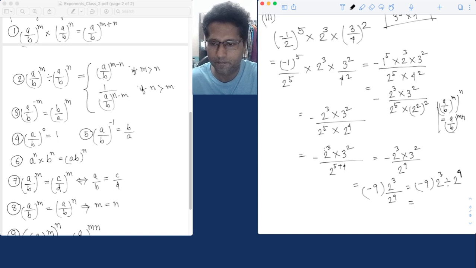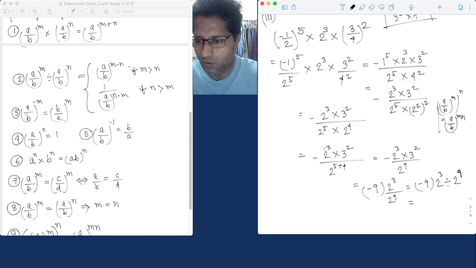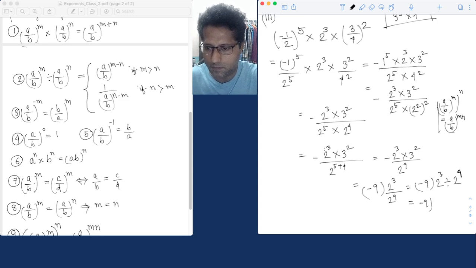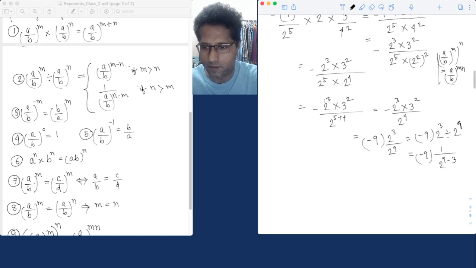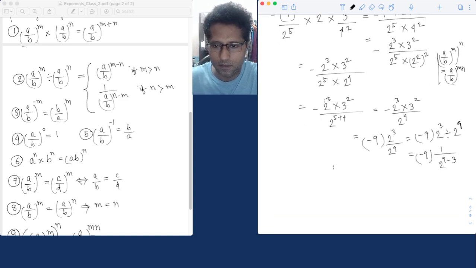The second law, in this case 2 cube divided by 2 to the power 9, 3 is less than 9, so as per the formula, this will be 1 by 2 to the power 9 minus 3. This becomes minus 9 multiplied by 1 by 2 to the power 6.